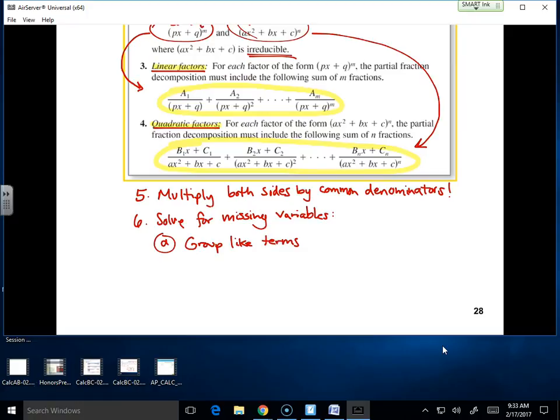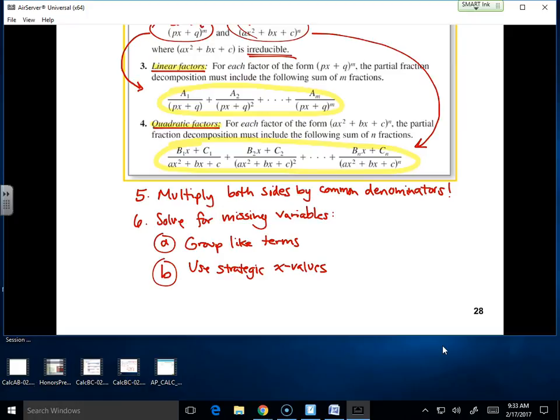A is going to be group like terms. That's one way to go. B is a different approach, and the different approach is use strategic values, specifically x values. I'll try to show you, hopefully we can get through one example of each approach.